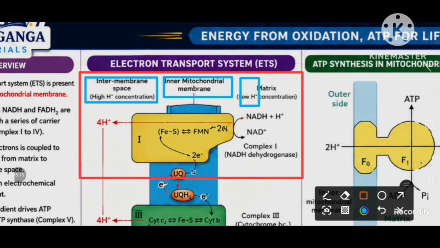The matrix already contains H plus ion concentration, and the inner mitochondrial membrane contains the arrangement of electron carriers. This space is the intermembrane space, the space between the outer and inner membrane of the mitochondria, which is high in H plus concentration after the transport from the matrix to the intermembrane space.